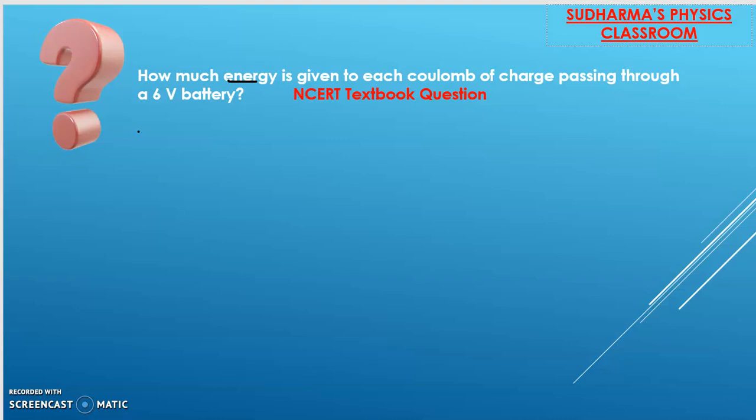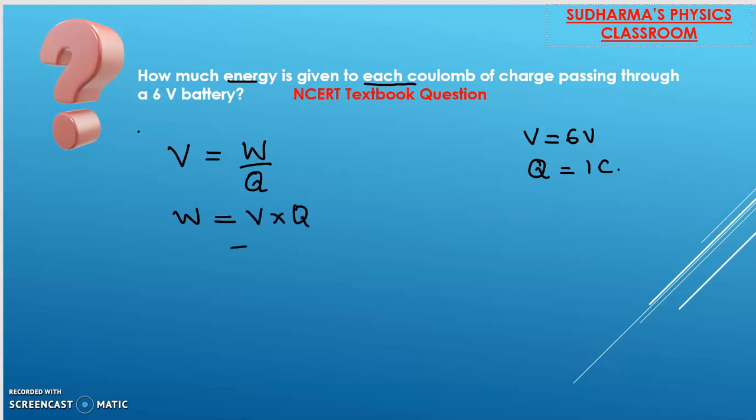So here the data given is V is equal to 6 volt. How much energy is given to each coulomb of charge? Each coulomb of charge means Q is equal to 1 coulomb. Now we have the equation V is equal to W by Q. So I'm taking W is equal to V multiplied by Q. V is 6 and Q is 1 coulomb.